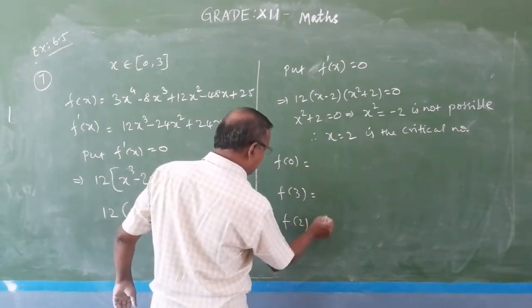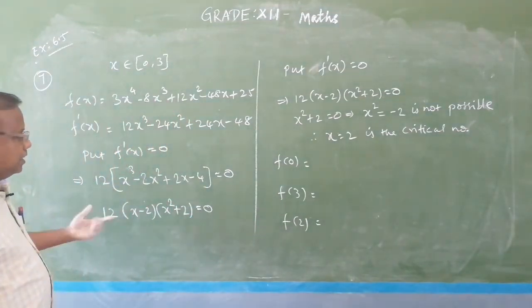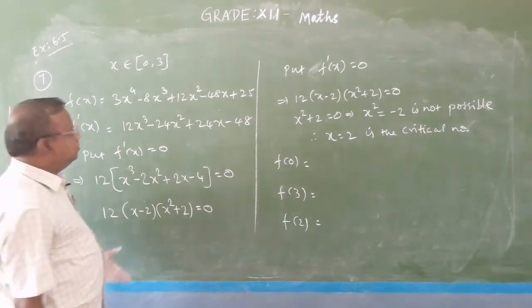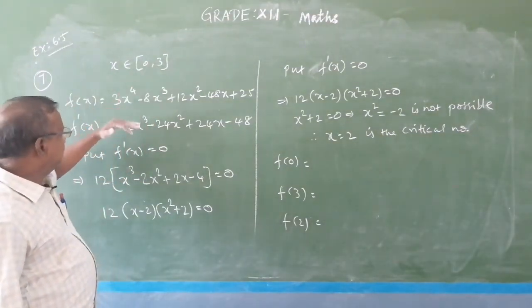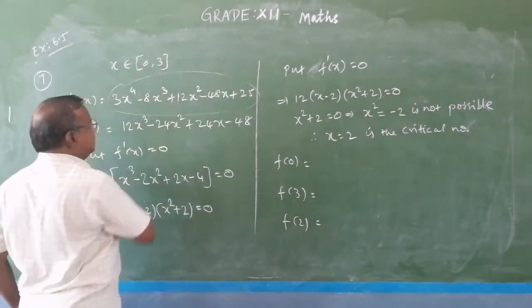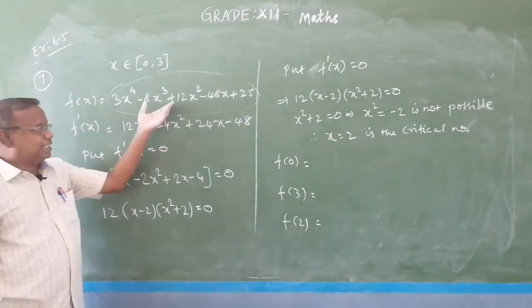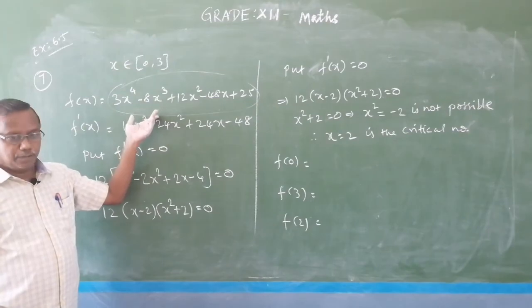The maximum among all these values is the absolute maximum and the minimum among these is the absolute minimum. I hope it is easy for you to substitute 0 and 3 and 2 in this function and find the values and compare them. So, write the maximum value of this function as absolute maximum and the minimum as absolute minimum.